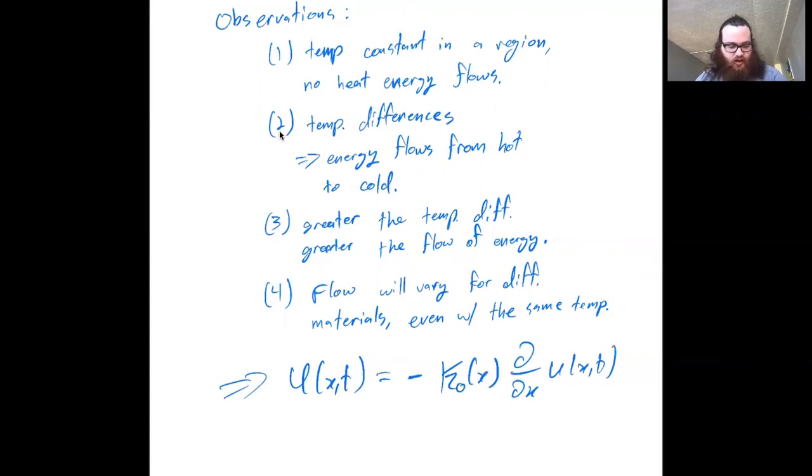Where are all these pieces coming from? Well, energy is flowing from hot to cold. Observation 2 right here, energy flows from hot to cold. That's going to give us this minus sign.